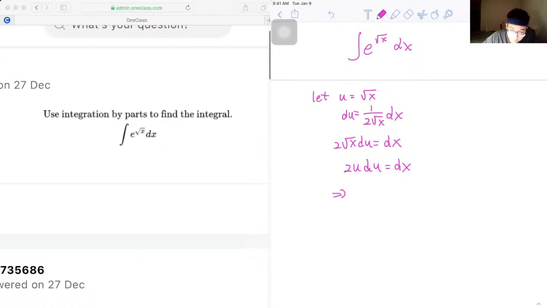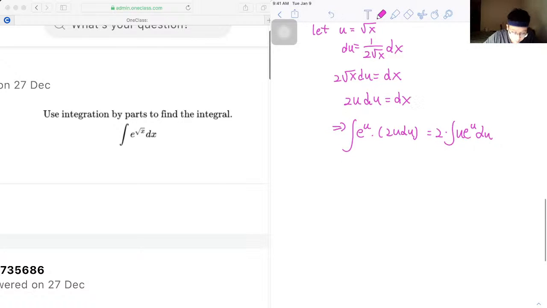So therefore, the integral of e^u times 2u du will be equal to 2 times the integral of u e to the exponent of u du. And we let f be equal to u, dg be equal to e^u du, and g will be equal to e^u.